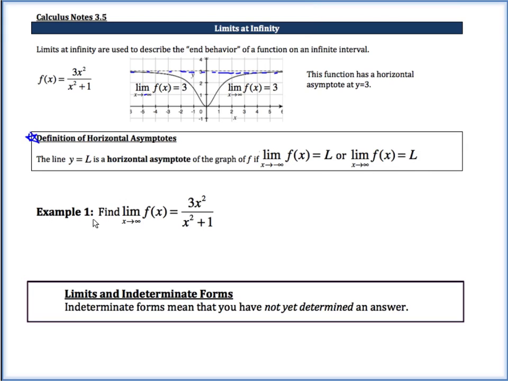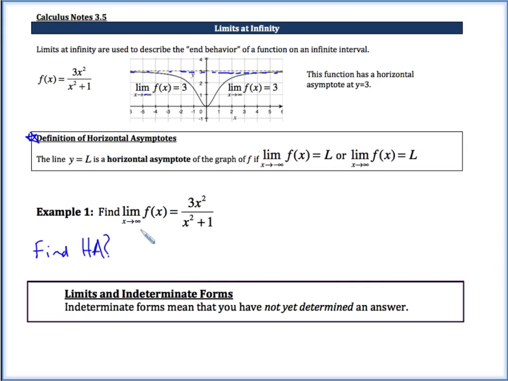So in our first example, it says find the limit as x approaches infinity of f of x equals 3x squared over x squared plus 1. So what we're doing here is we're trying to find the horizontal asymptote, if it even has any.